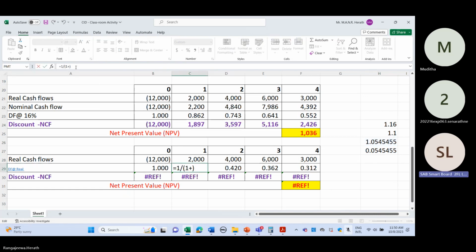One divided by 1.0545, then 1 divided by 1.0545 to the power 2.